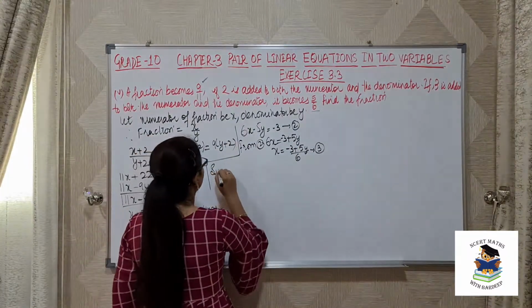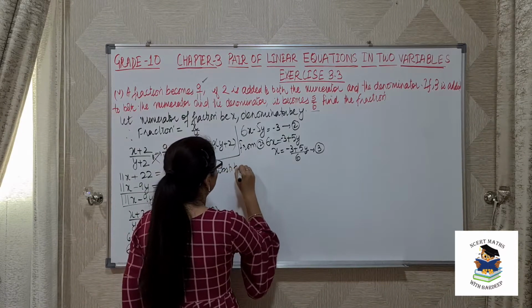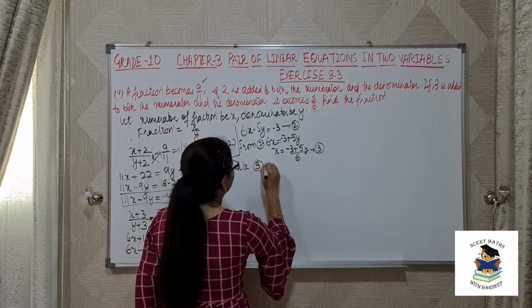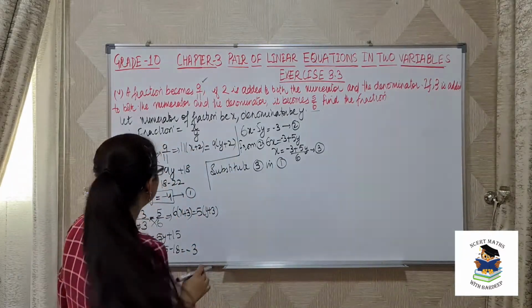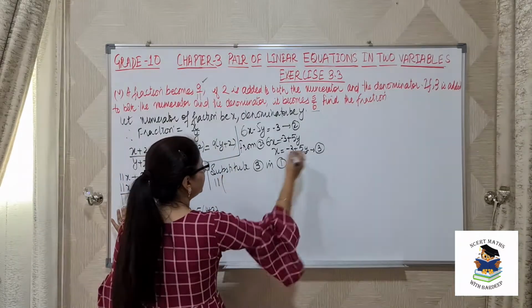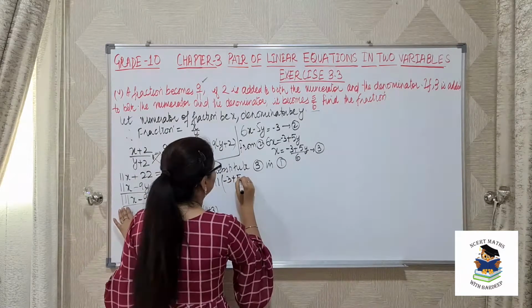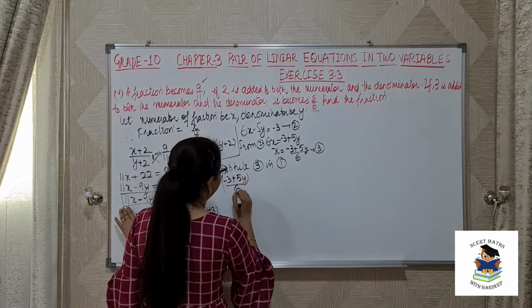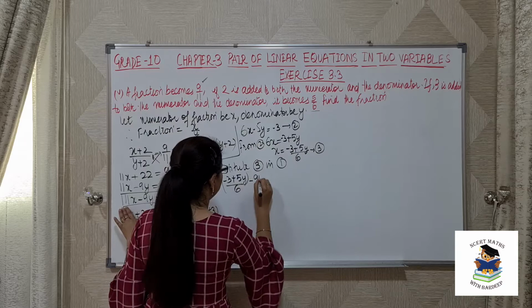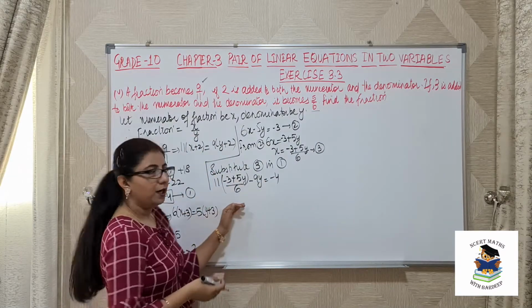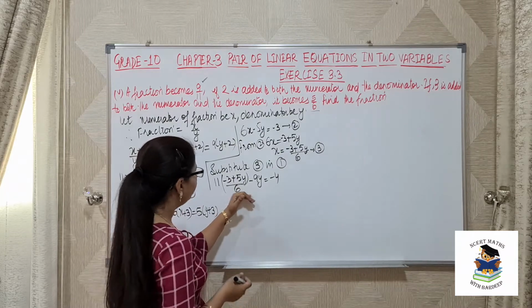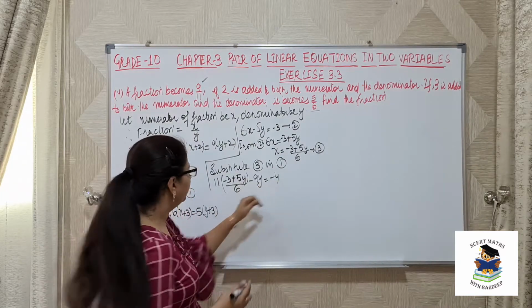So substitute 3 in 1. Okay. So this is 11 times what is x? That is minus 3 plus 5y divided by 6 minus 9y equals to minus 4. So now what we can do here again, this is in fraction. These terms are without any denominator.